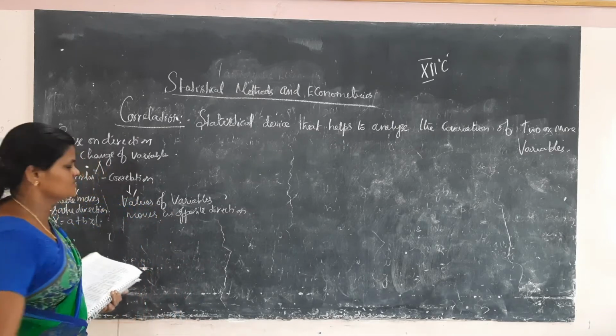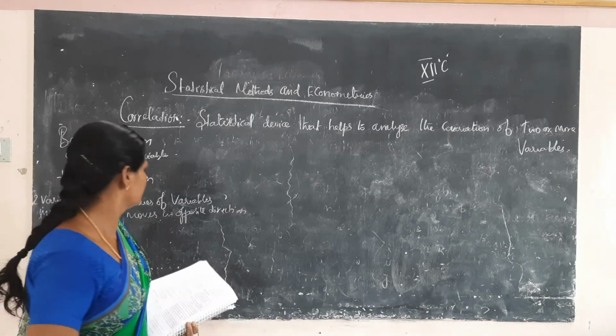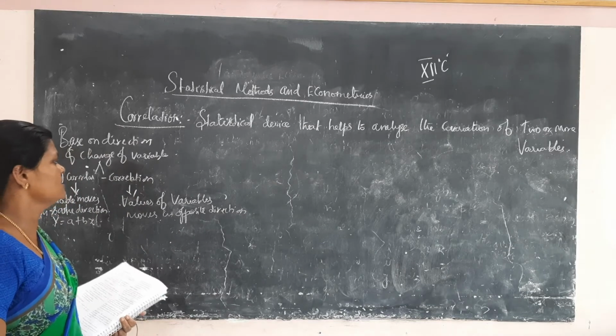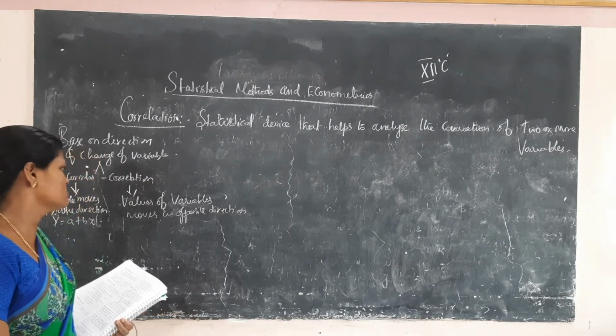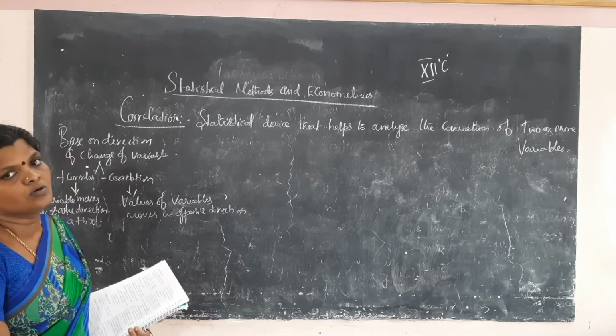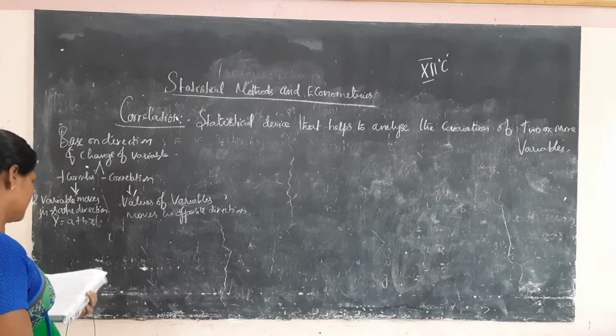For example, price and demand. These two variables move in opposite directions.